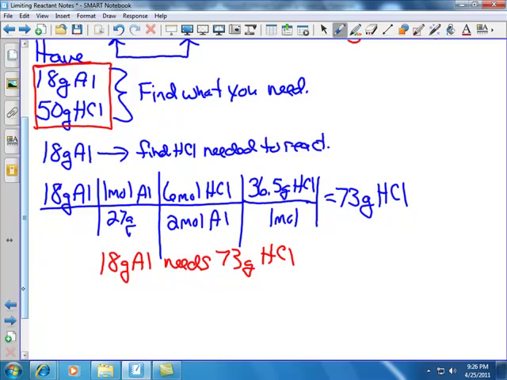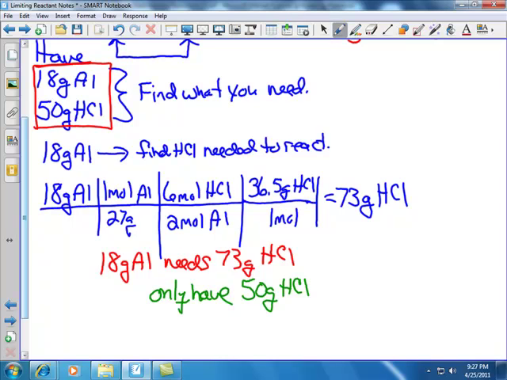The problem is you only have how much HCl? The issue is I only have 50 grams of HCl. So for that 18 grams of aluminum, I do not have enough HCl.